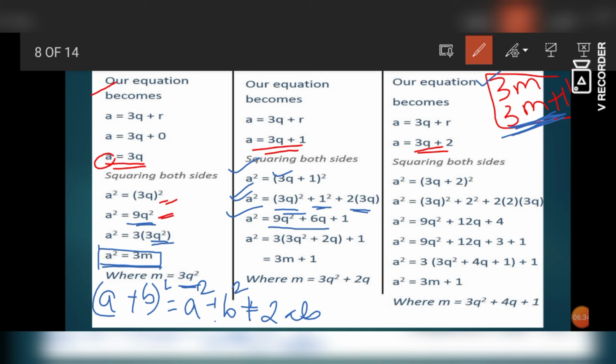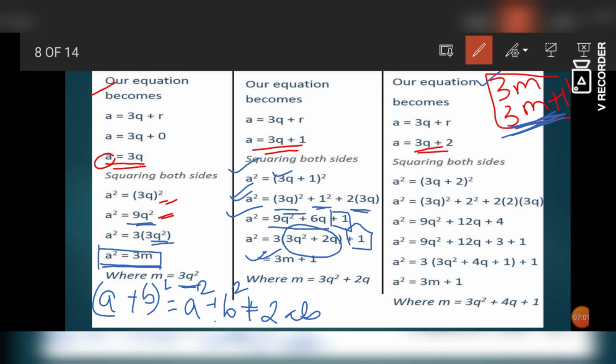So let us take 3 common, and from the first two numbers we can write in the bracket 3q square plus 2q. Let plus 1 be as it is. So plus 1 is remained as it is. In place of 3q square plus 2q we are writing m. So we will get 3m plus 1. So our second condition is also achieved.